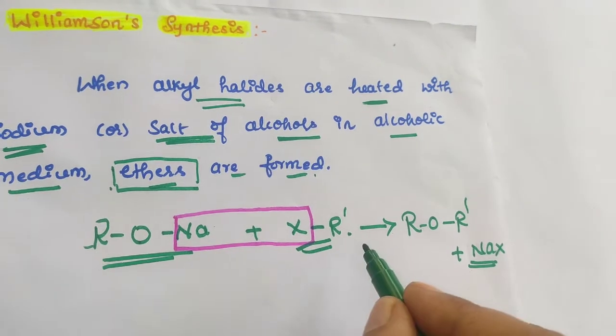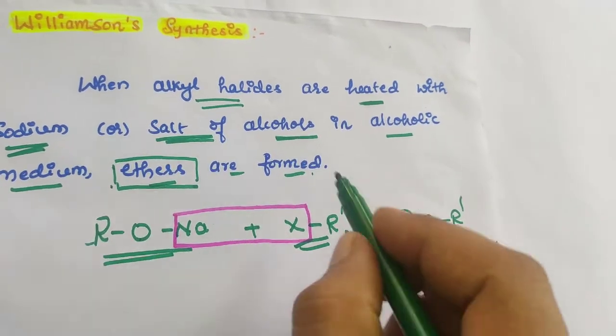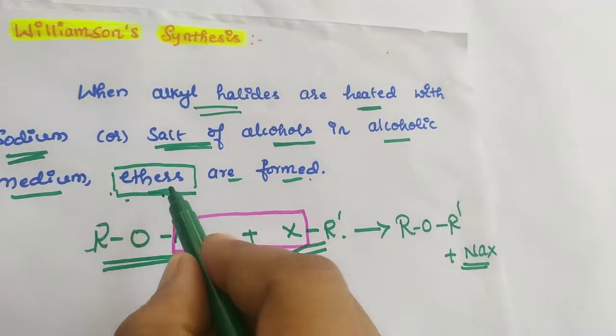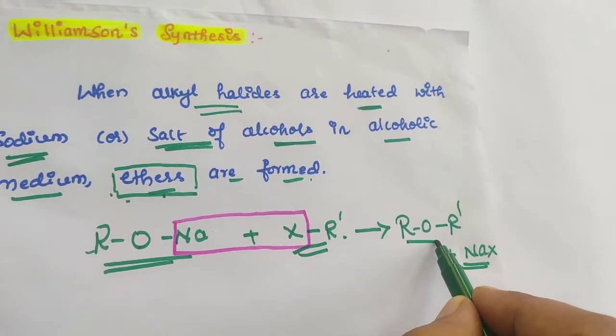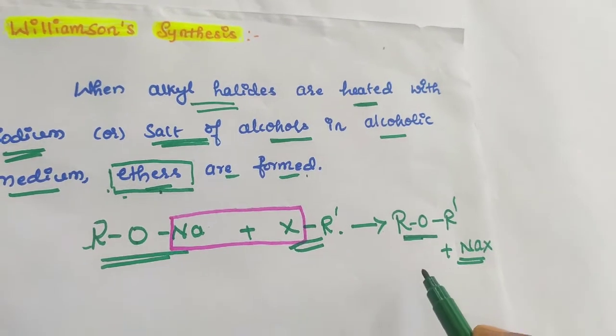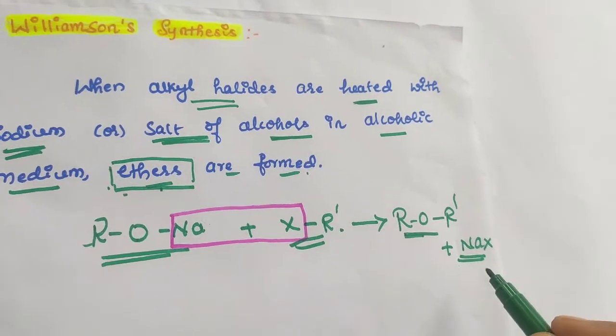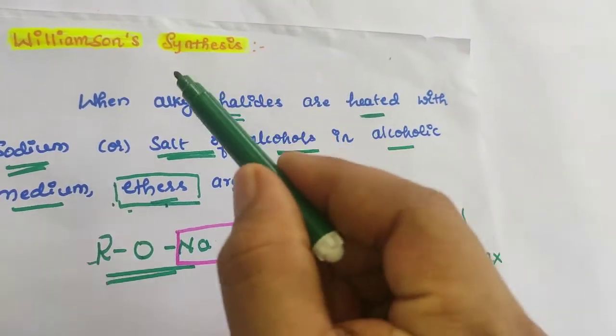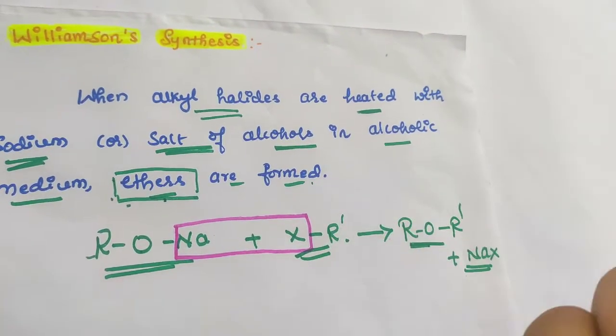So what we should understand is that in Williamson synthesis we prepare ethers, and whenever we obtain ethers there is elimination of sodium halides. So this is the general reaction involved in Williamson's synthesis.